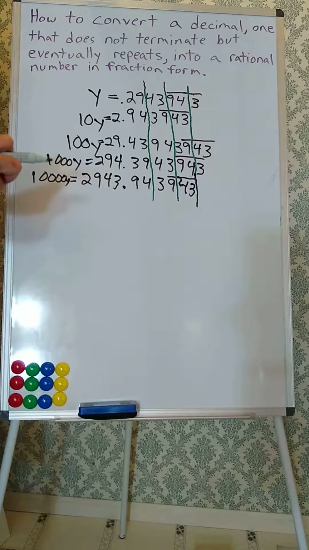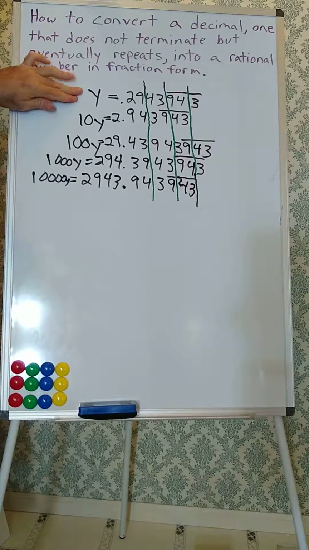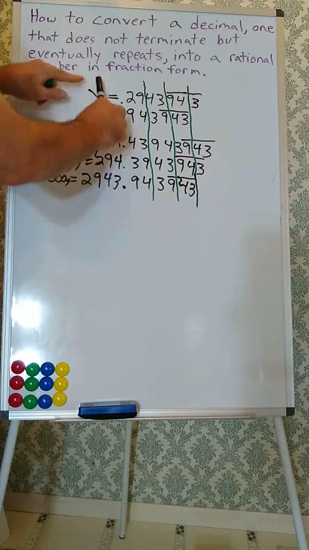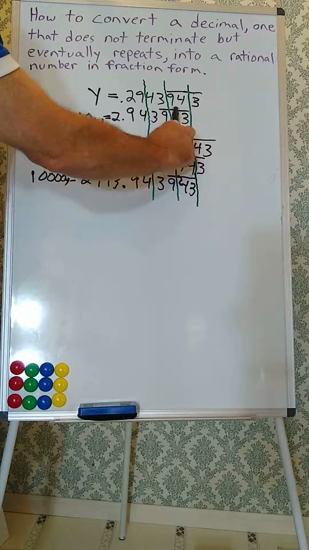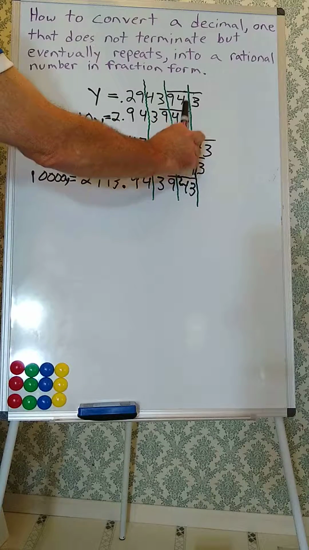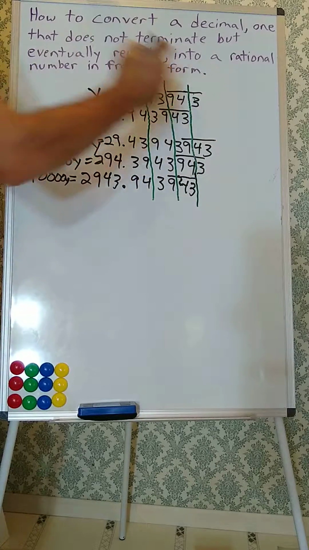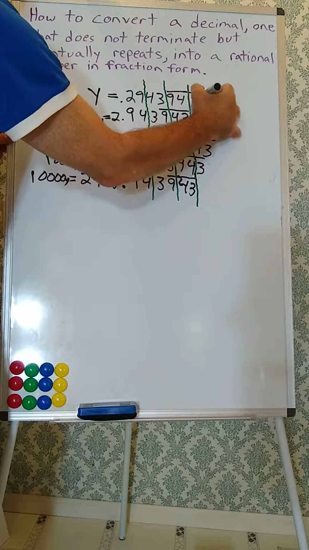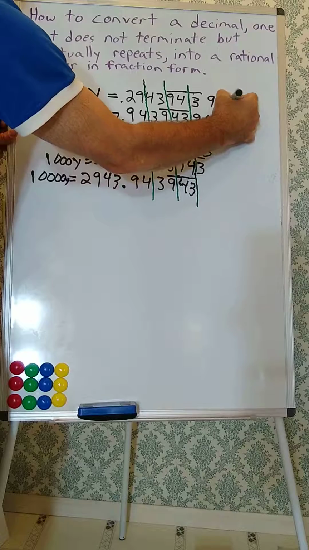Okay, so the idea has always been we're looking for a pair of multiples of our variable y which we can subtract, and the repeating part will become 0. So if I look at 10y and y, it's not going to be 0 because the 4 is matching up with the 9, the 3 is matching up with the 4, and if I continued, 9, 4, 3, and then 9, 4.